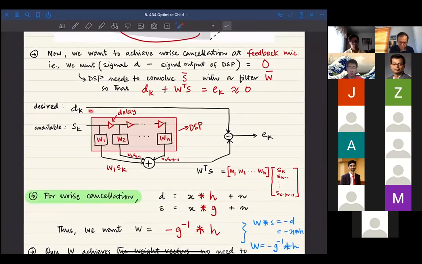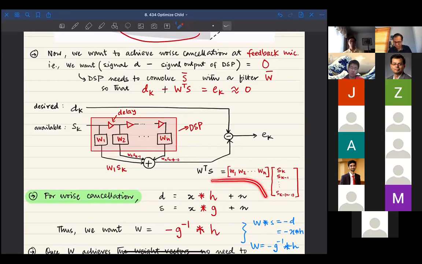Once Dk comes in and we have this Sk coming in, this is a delay. So this is Sk minus 1, the previous sample, and this is Sk minus 2 and so on. We are multiplying Sk with W1, Sk minus 1 with W2, Sk minus n minus 1 with Wn.